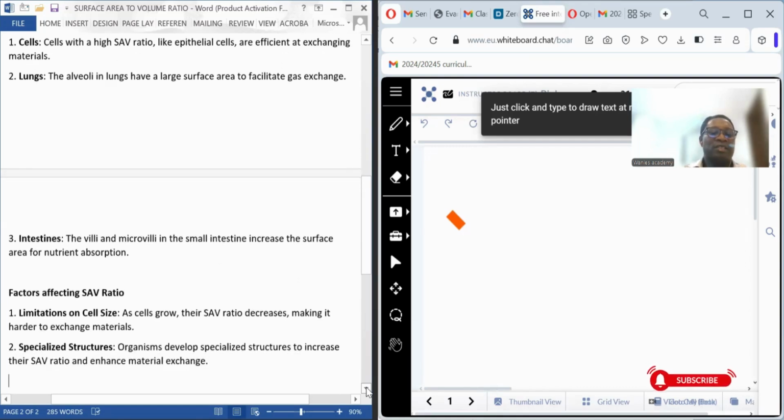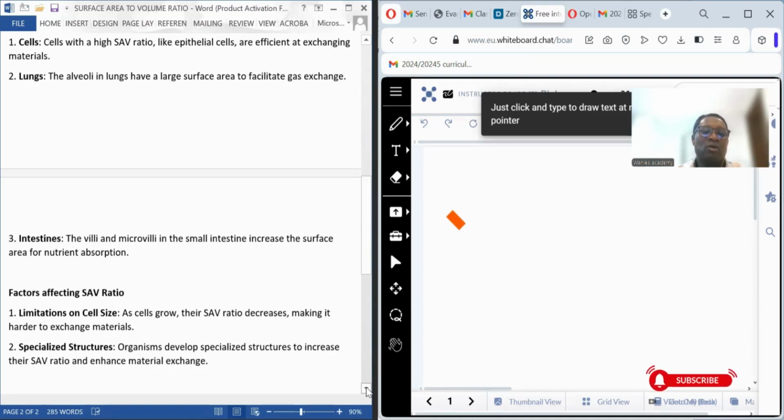The small intestine is also a very important example of surface area to volume ratio. The walls of the small intestine are lined with villi and microvilli. These are structures in the small intestine that allow for the absorption of digested food material.